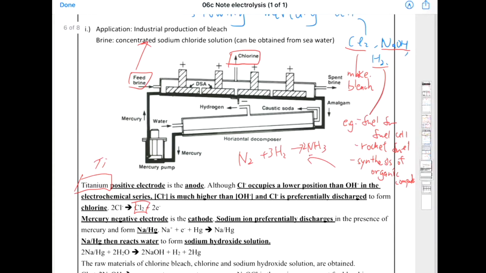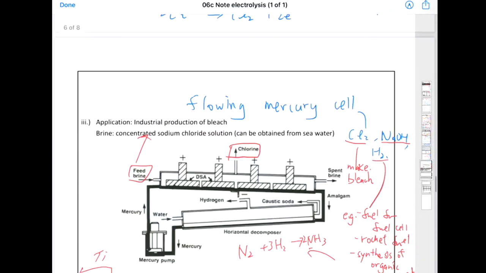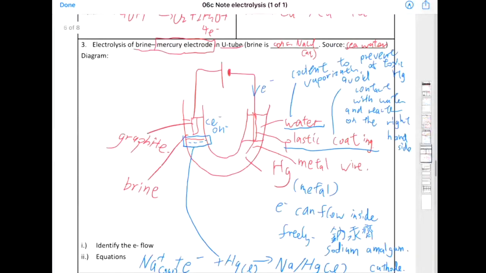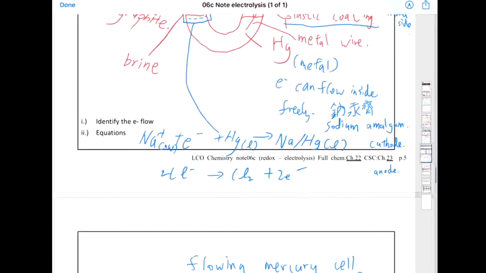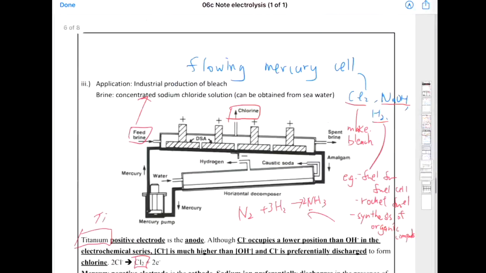For the setup we use in the laboratory, we call it a batch process. It means that after each time you perform that reaction, you have to fill in some new materials. Say, for example, the brine, you have to feed in some new brine into the system to make it work again. However, for the flowing mercury cell, as you look into it, it is called a continuous process.